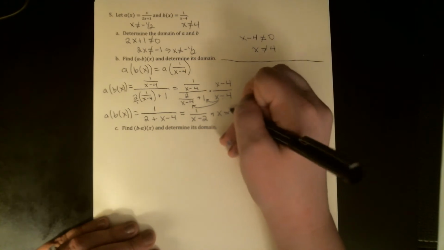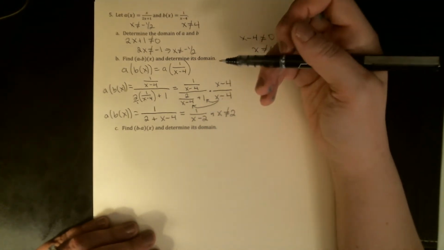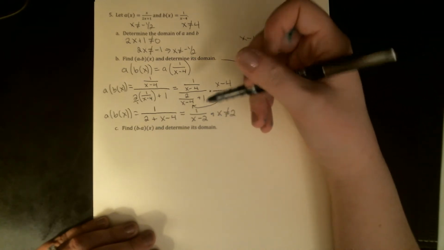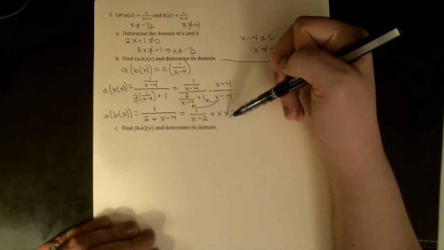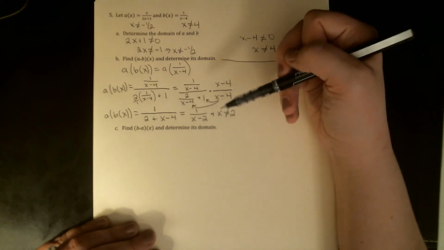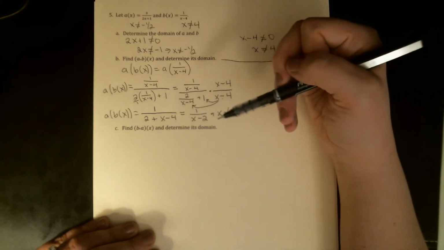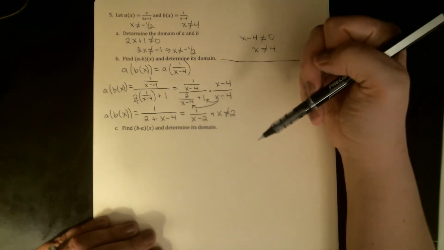So x cannot equal 2. That was actually the one that sounds at first, when we're talking about domain, like it's going to be the trickiest to find. 2 is the x value that gets me in trouble if I plug it into B and then take that output and plug it into A. So B doesn't have a problem with 2, but A has a problem with B of 2.